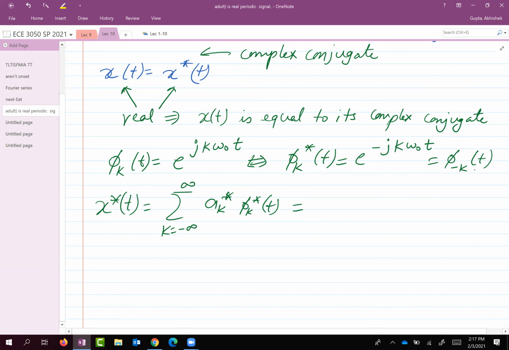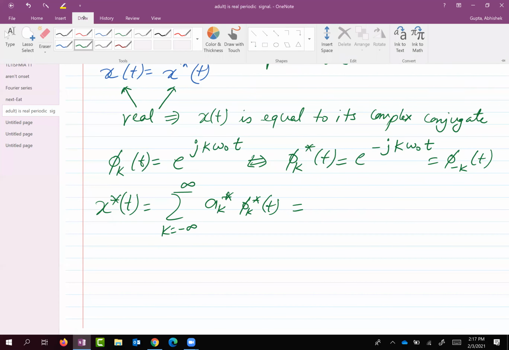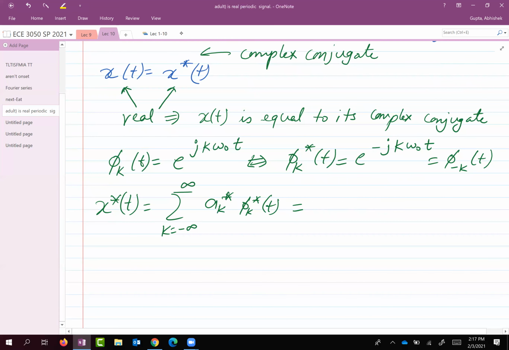That's the same signal. So I'm going to apply this result to get a k star phi minus k of t.